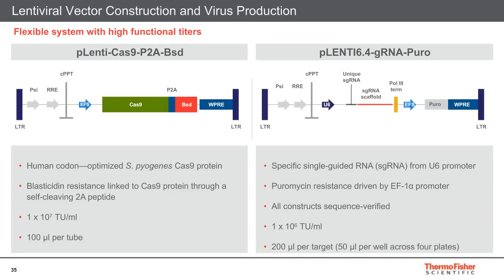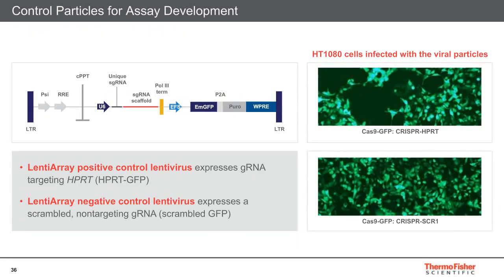To address that lack of a fluorescent marker in the guide RNA, we also provide controls, specifically HPRT and the scrambled negative control, that have the GFP marker on them, and you can use these for detecting transduction efficiency, and also as negative controls in the assay.